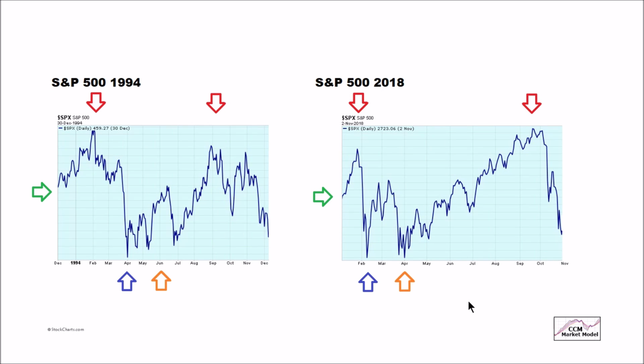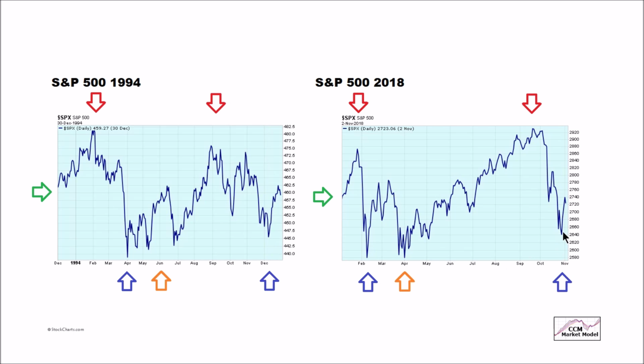And in both cases, we almost get a second retest of the original low, and in both cases, we rally before taking out the original low and the retest low.